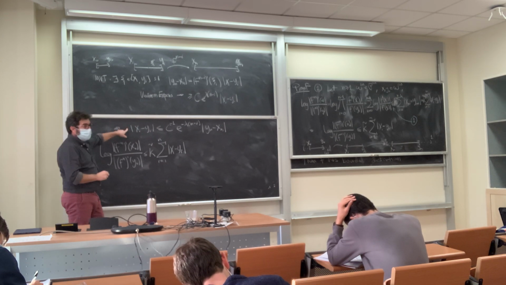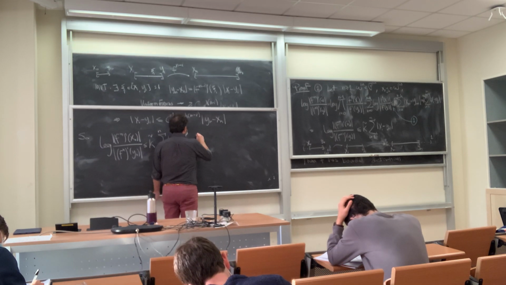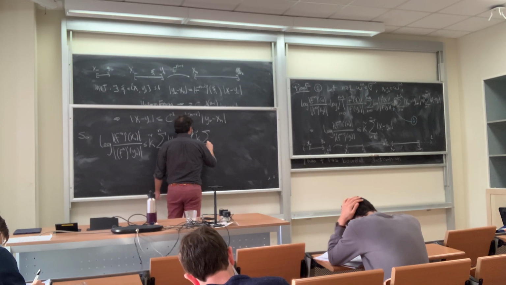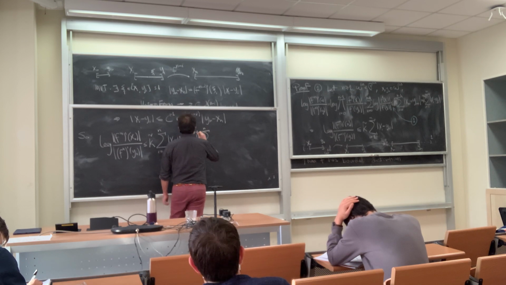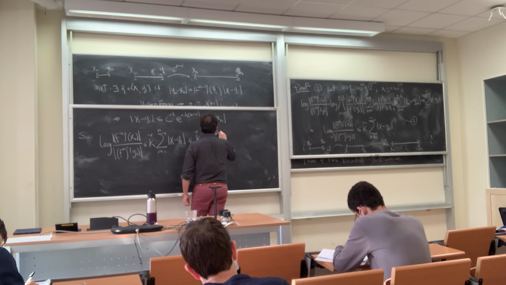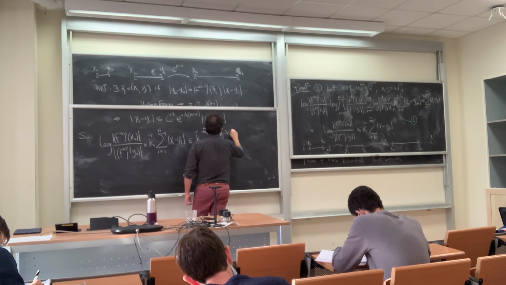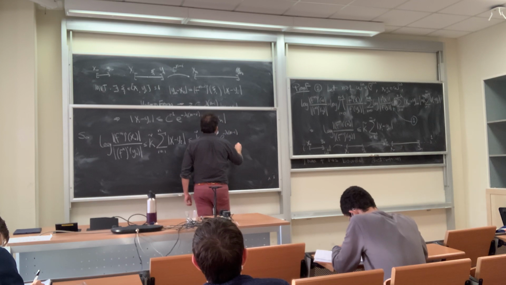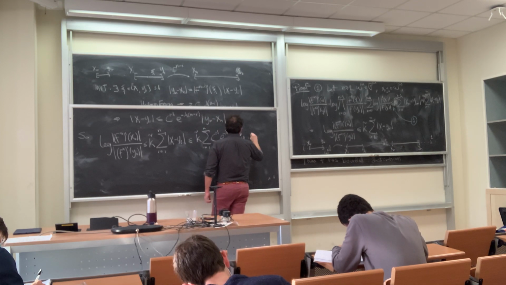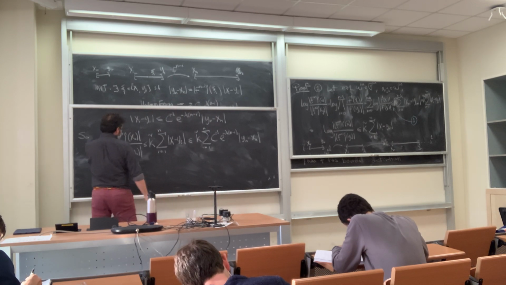And here we have a bound for xi minus yi, which is less than or equal to k tilde times the sum i equals 1 to n of c to the minus 1, e to the minus lambda (n minus i), over yn minus xn.